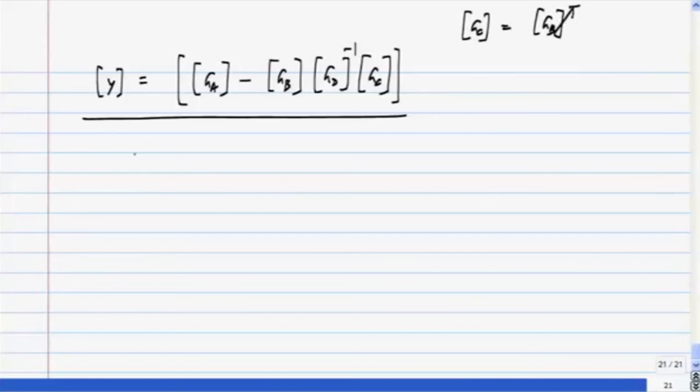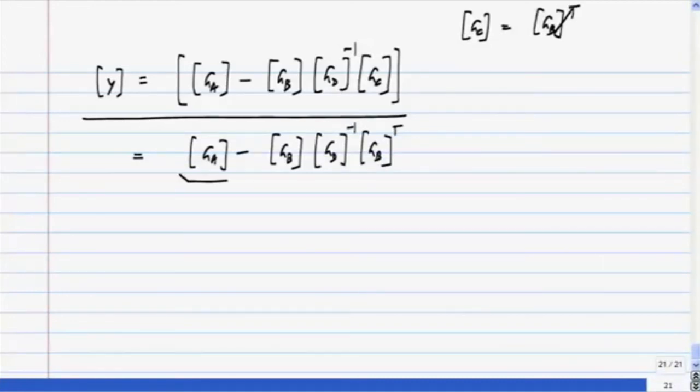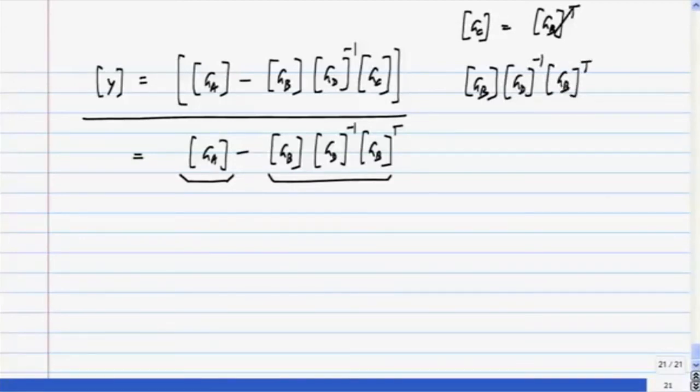So this is equal to GA minus GB, GD inverse and GB transpose. First of all, GA itself is symmetric, that we knew earlier, we discussed that. And if you look at this part, we have GB, GD inverse and GB transpose, and to check for symmetry, obviously you just take the transpose of this.